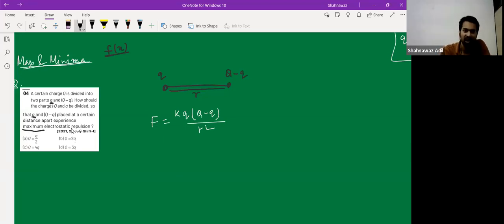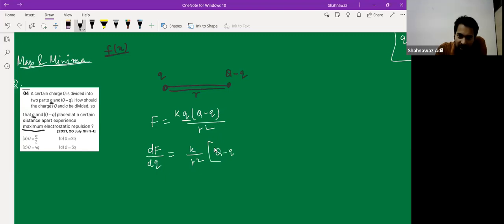So to find the maxima, we only have to do what? First derivative. But we have to remember that we have to maximize this function with respect to Q, so we take the derivative with respect to Q. So K by R square, and first we differentiate this, keeping this one.